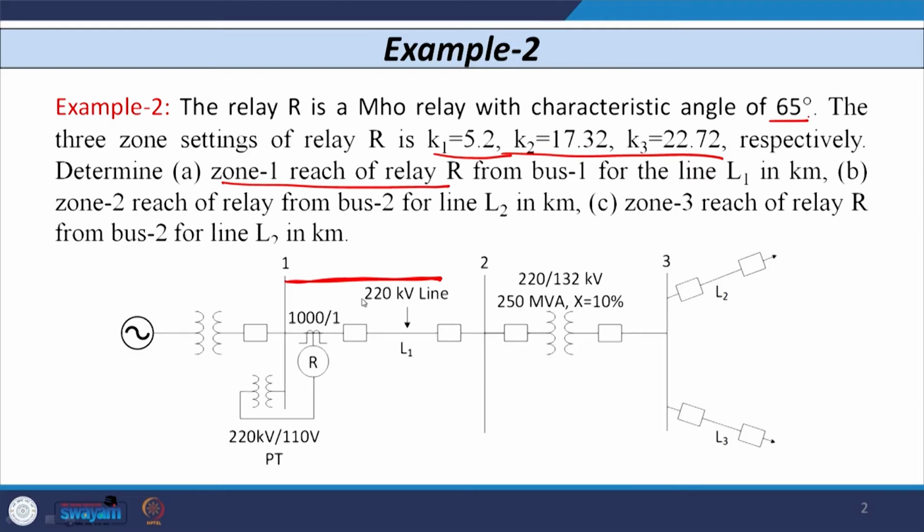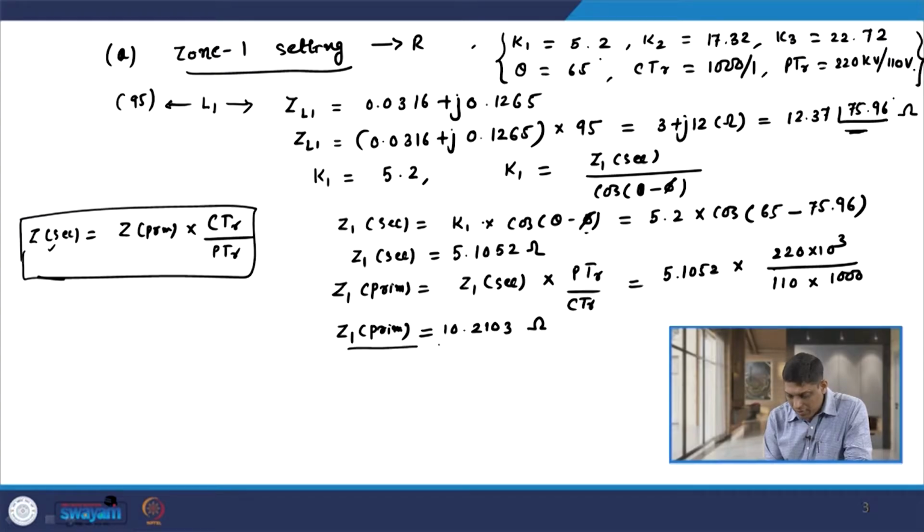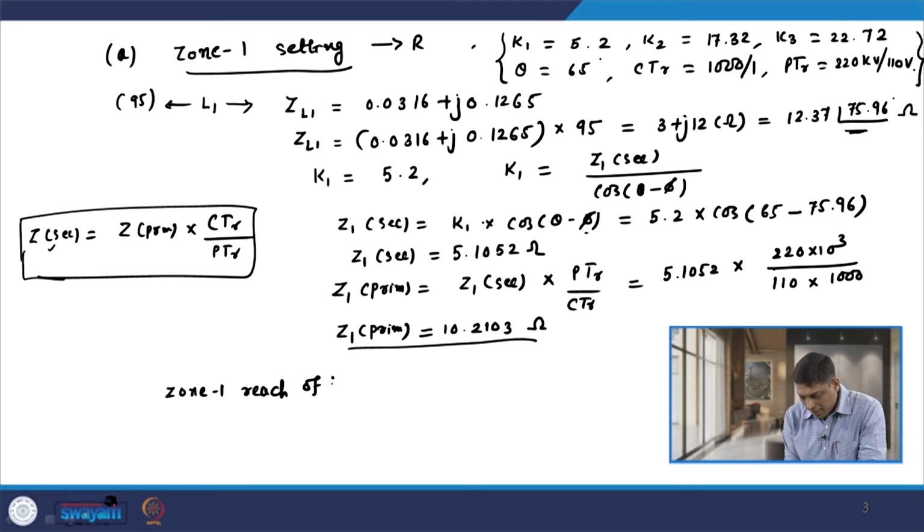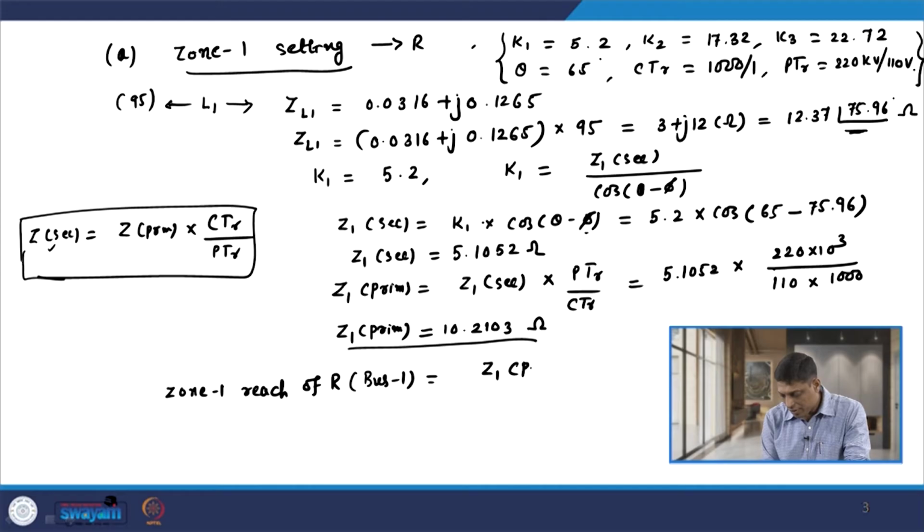To find that, we have already calculated the Z1 primary. So the zone 1 reach of relay R from bus 1 is given by Z1 primary divided by ZL1 in per kilometer value.